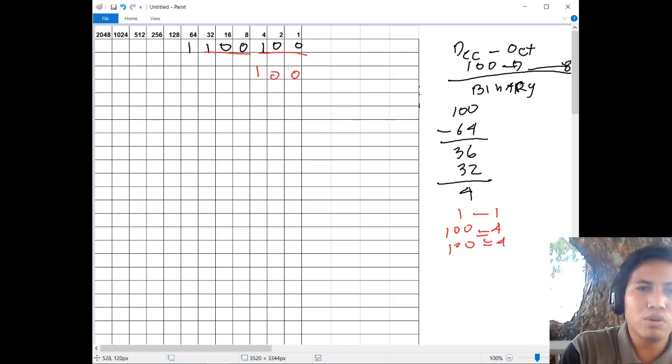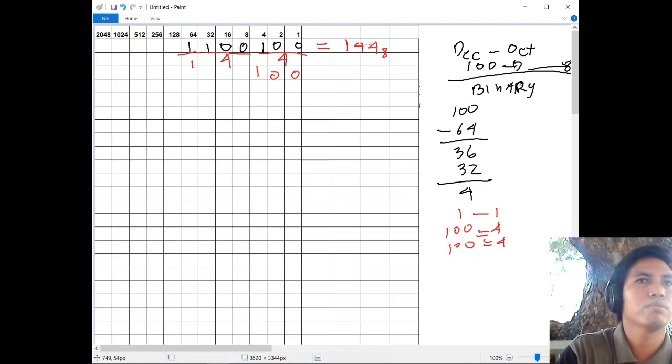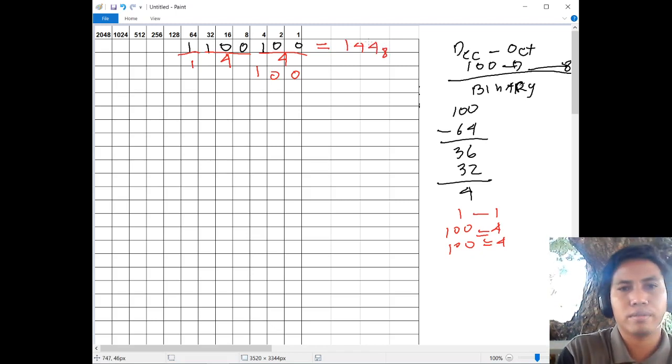So this will be equivalent to 1, 4, 4 base of 8.